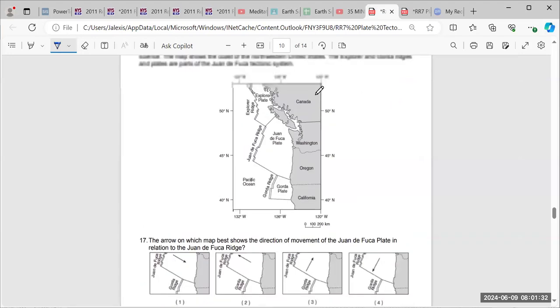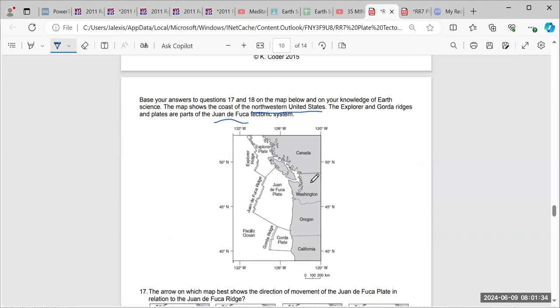And this part, they told you, is the northwestern United States, so this gray part is North America. It says Northwestern United States and the Juan de Fuca plate.